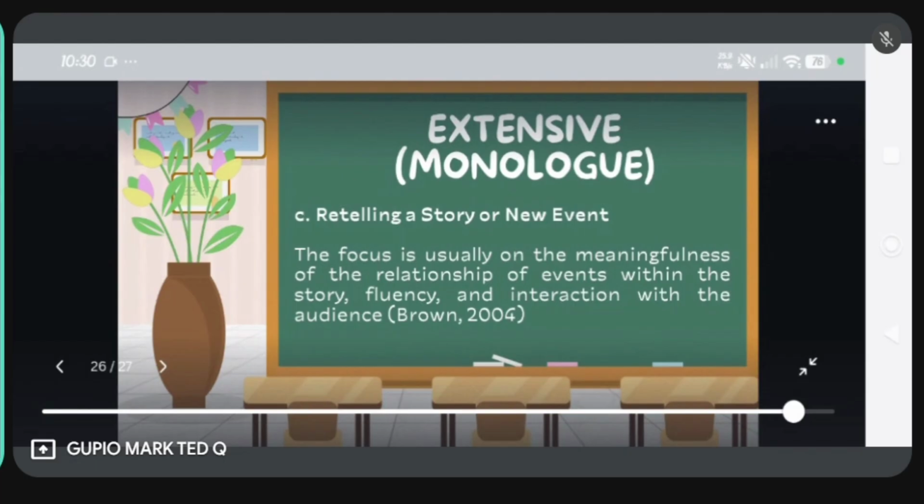Another example is Cinderella, sorry. The students, in their own words, describe what happened during the recent school trip. The focus is on presenting the main events in chronological order while maintaining the clarity and coherence of the context.